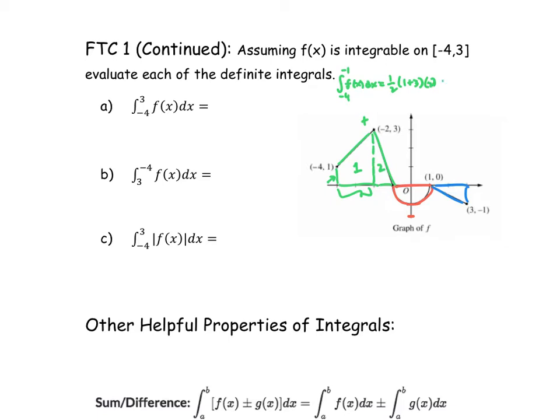Then I'm going to add the triangle, which has a base of 1 and a height of 3. So this green space will be half of 8, which is 4, plus half of 3, which is 1.5. So this space will be 5.5 units.